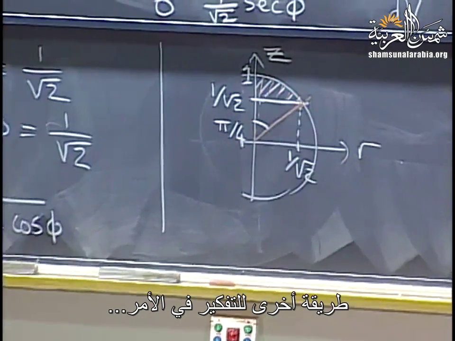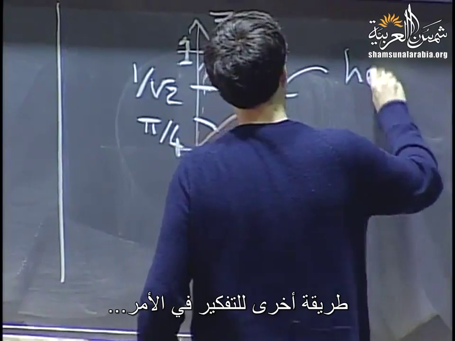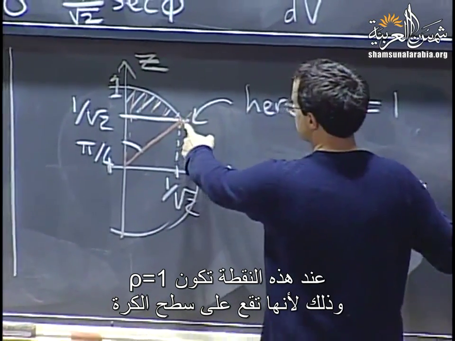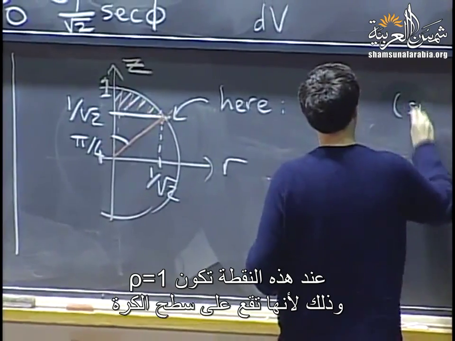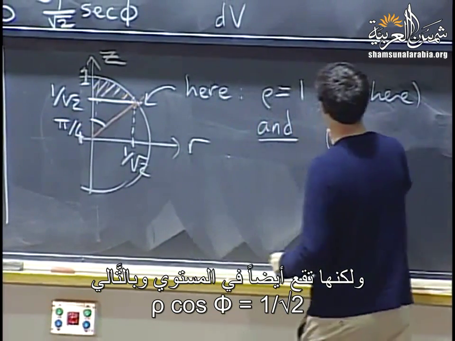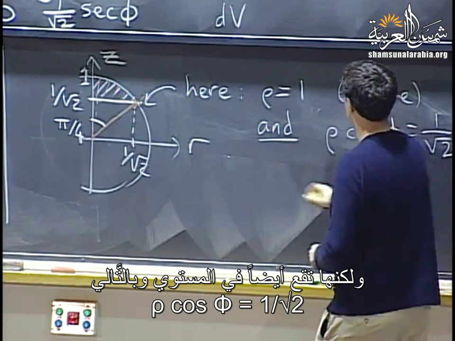The other way to think about it is at this point, well, rho is equal to 1 because you're on the sphere, but you're also on the plane, so rho cos phi is 1/√2.